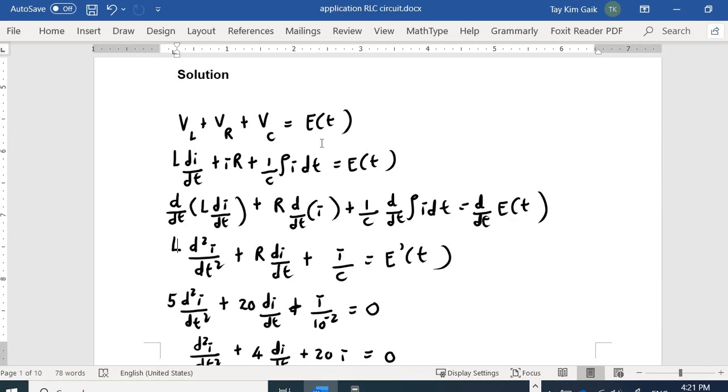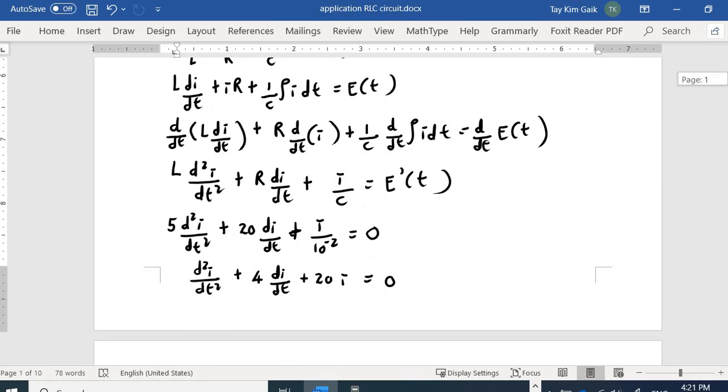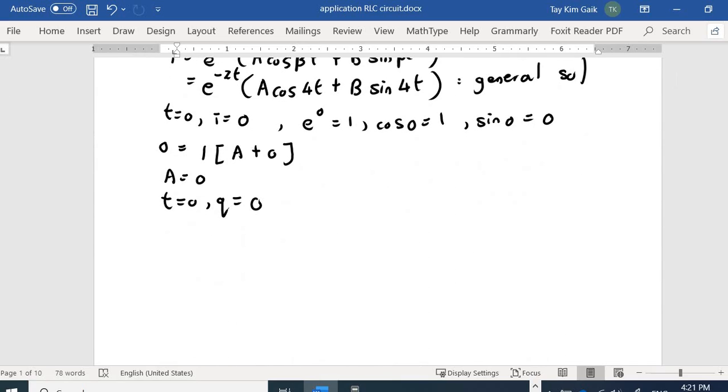For VC, we have another form of formula, which is actually Q over C. So we have VL plus VR plus VC equal to 0. VL is L dI/dt, VR is IR, VC we may have another form which is Q over C, equal to 0. Okay, now L is actually 20.